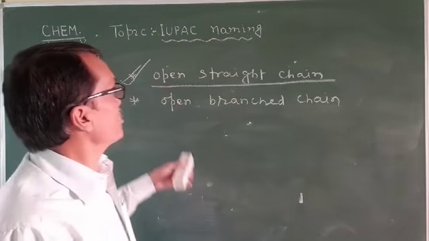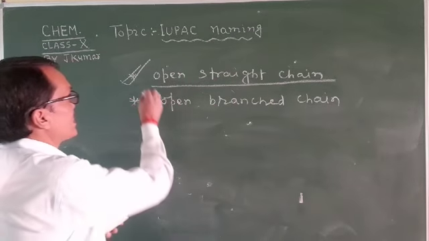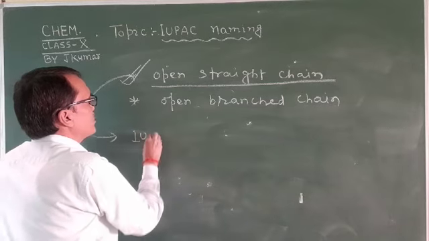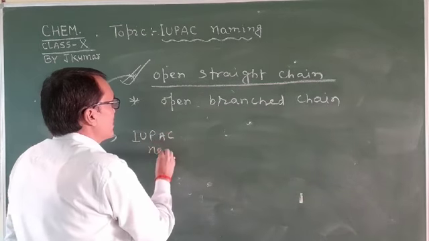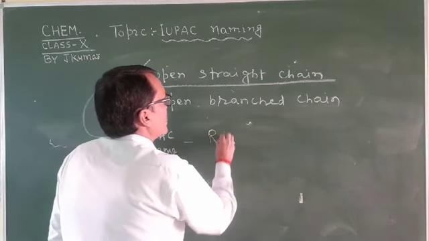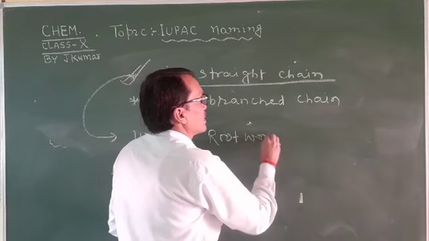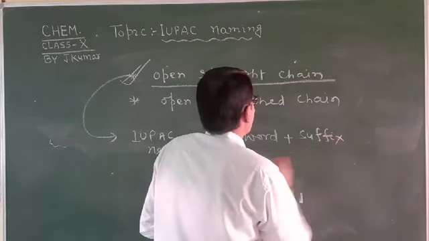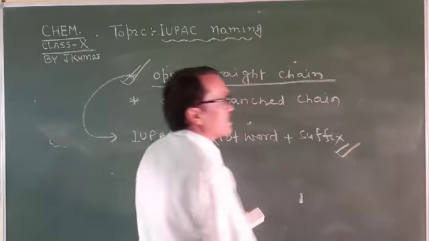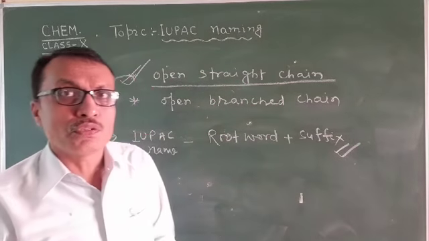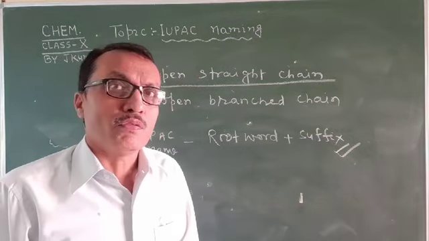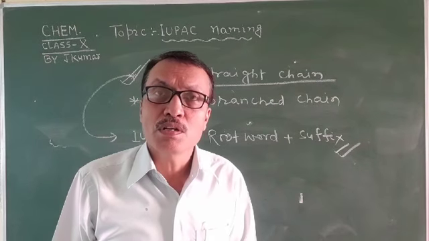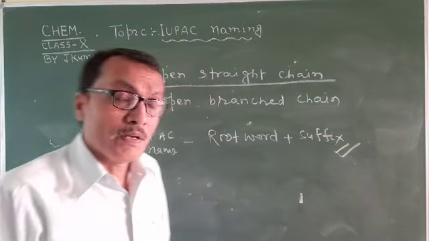So for IUPAC name of open chain, you have to do root word plus suffix. Okay, and in this way simply you will do the IUPAC name of all the hydrocarbons starting from carbon 1 to carbon 10.